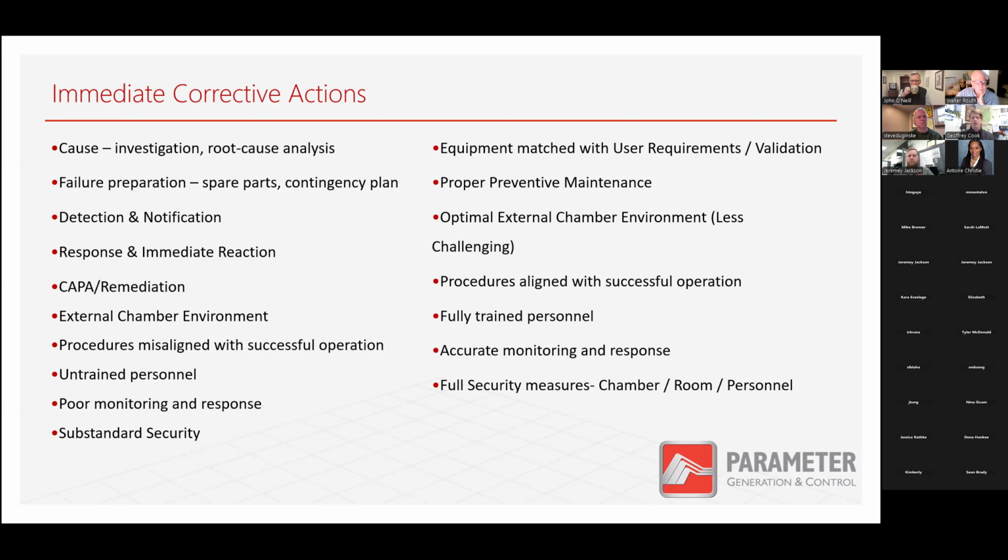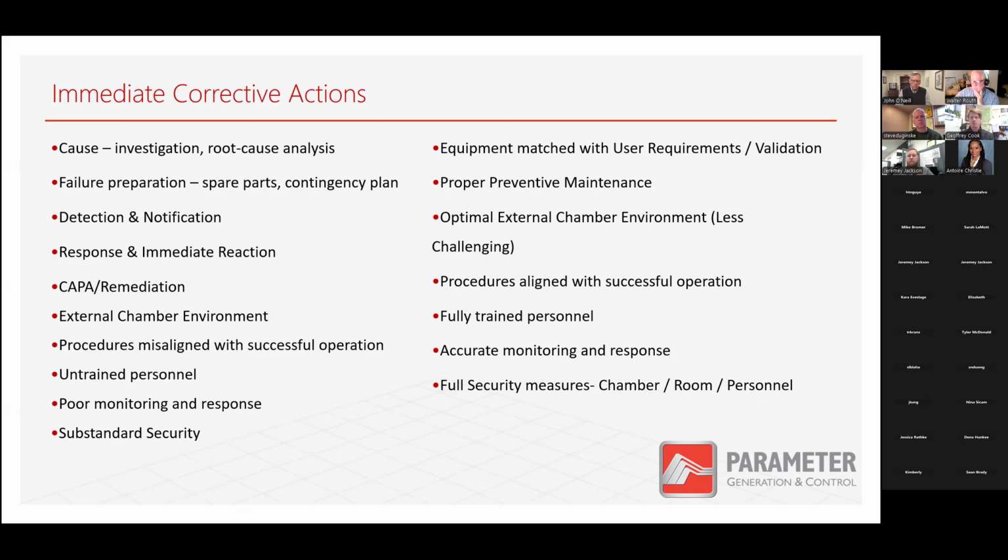The CAPA and remediation goes more into the regulatory compliance and data retention and good documentation practices we can get into a little later. But you want to make sure that any of your immediate and corrective actions are well documented so you know what was done.